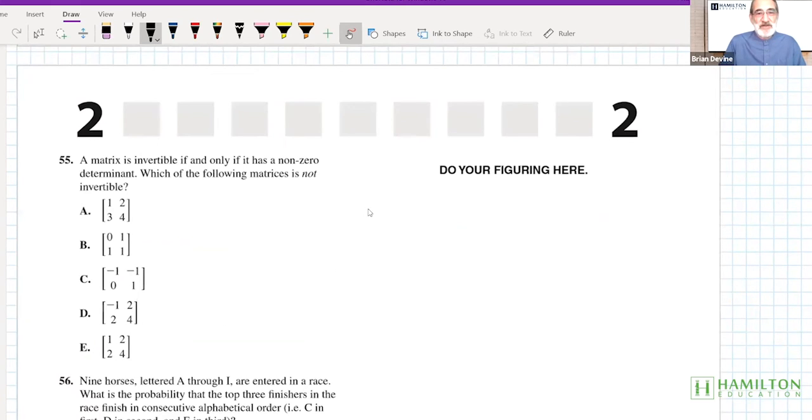Remember the determinant of a 2 by 2, say A, B, C, D, is found by the down diagonal product, AD, minus the up diagonal product, BC. So we want to know which of these would have a 0 determinant.